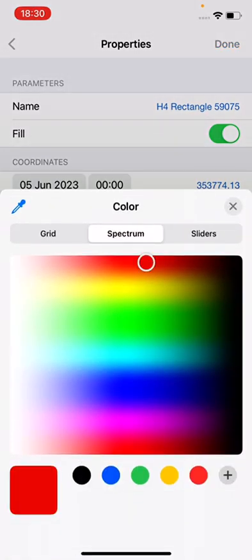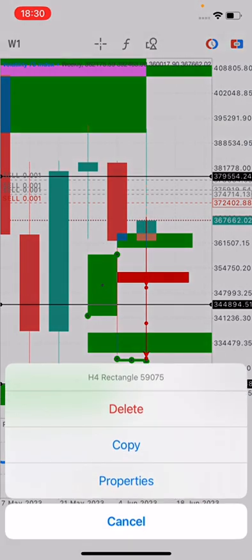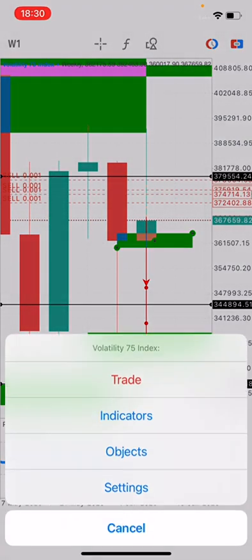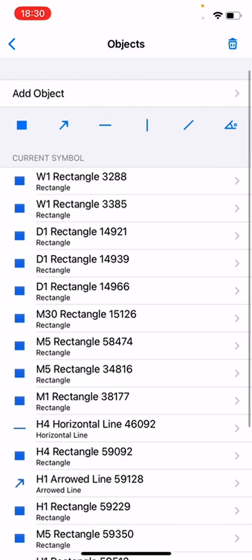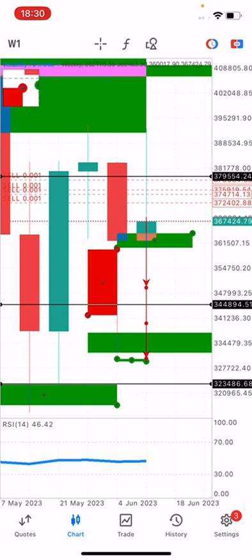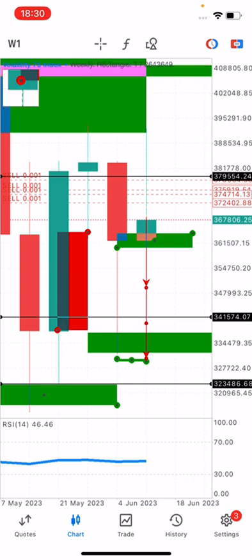Let's use red. So here this candle must be filled, right? Because this was the spike of this weekly candle, but through the candlestick method we know there's a high chance that it must fill in this gap.